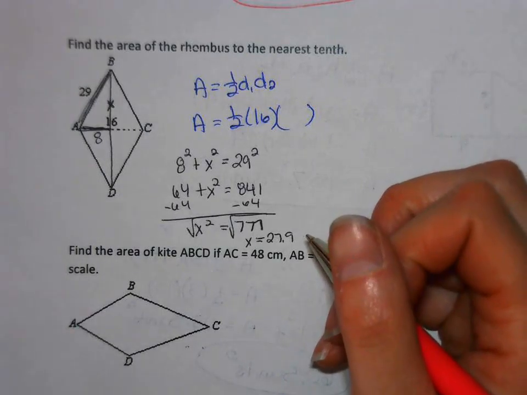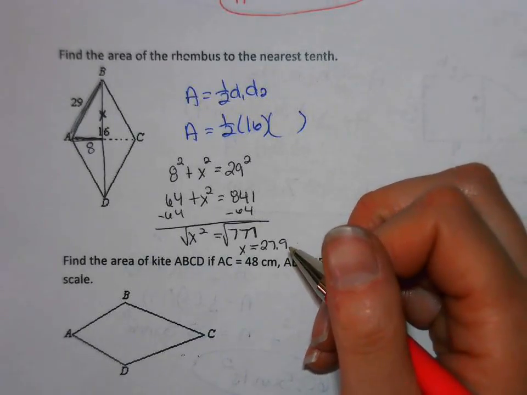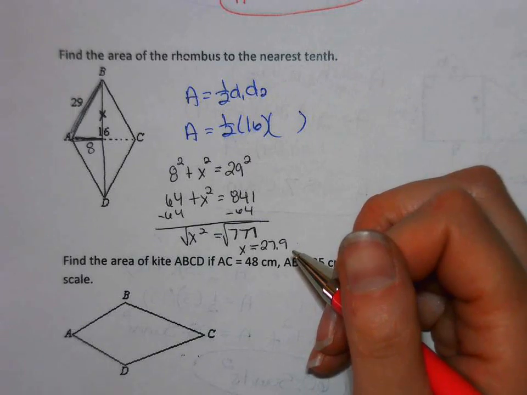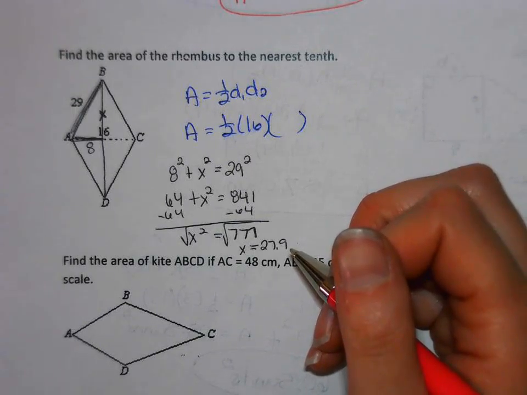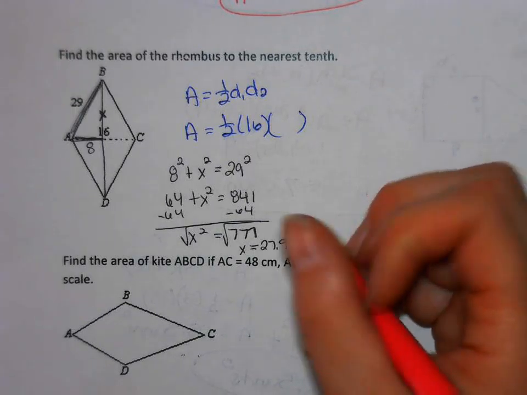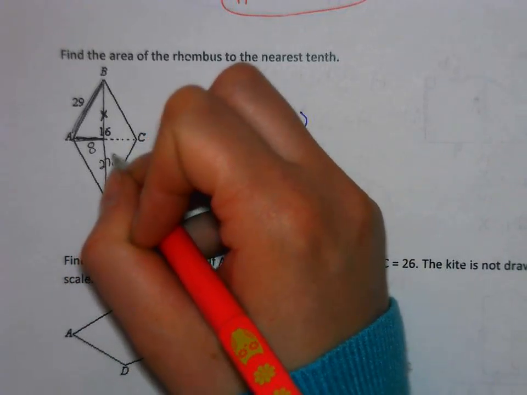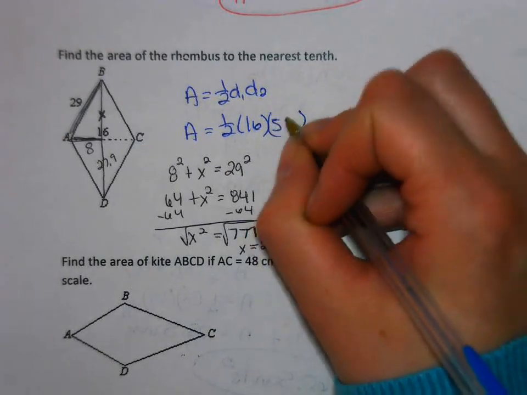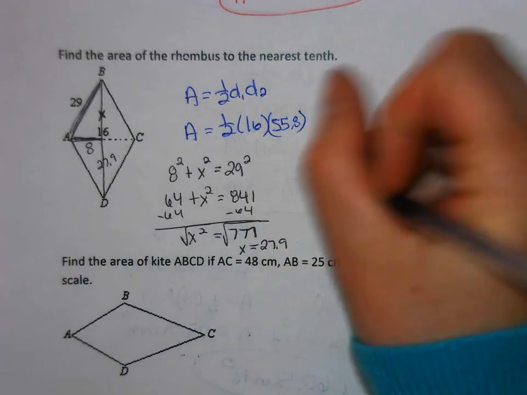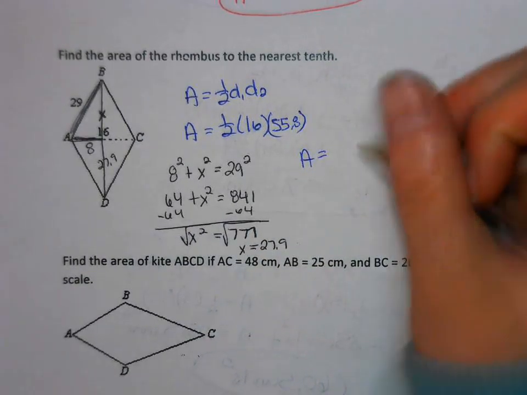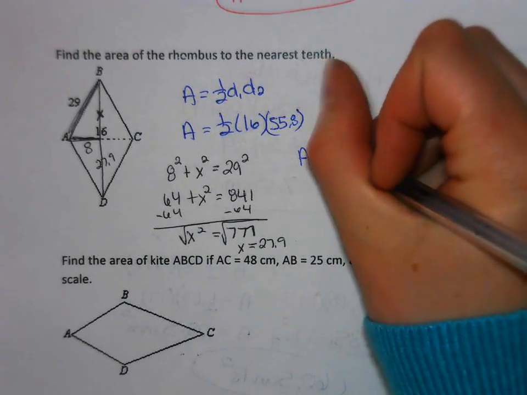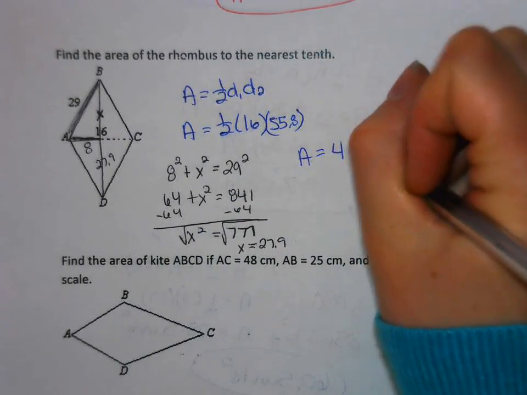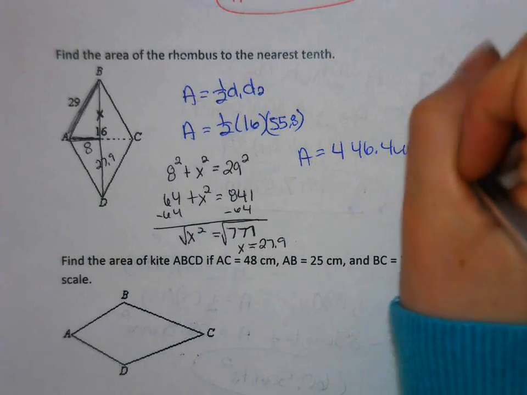So half of that diagonal is going to be 27.9, and we also know that this is going to be 27.9. So that diagonal is 27.9 times 2, so our missing diagonal is 55.8. If we multiply that out, the area is going to equal 446.4 units squared.